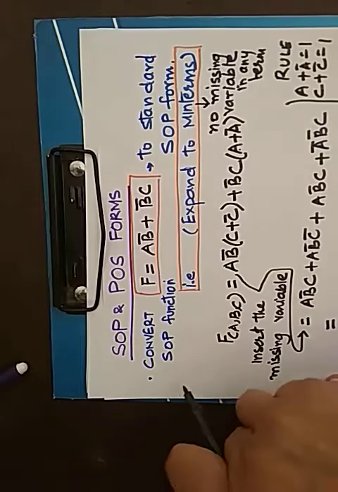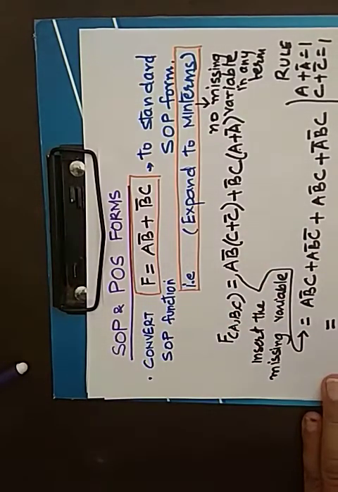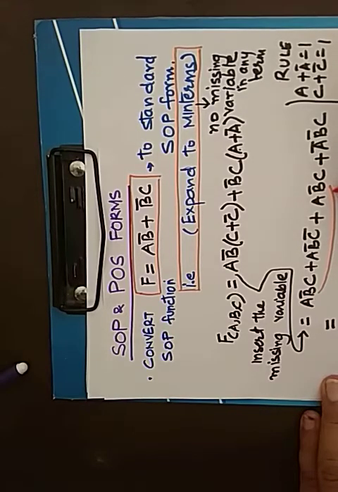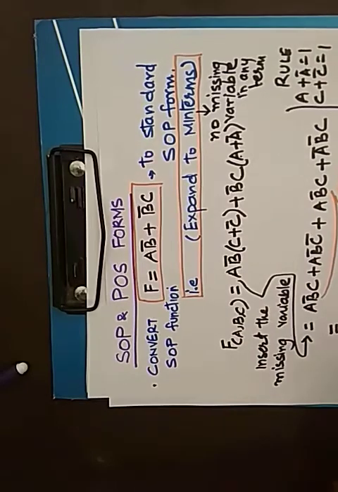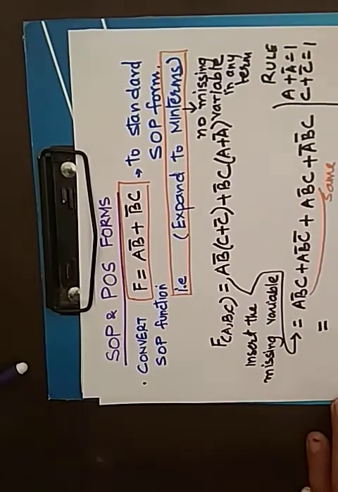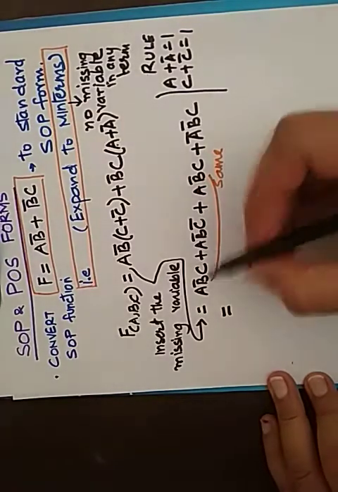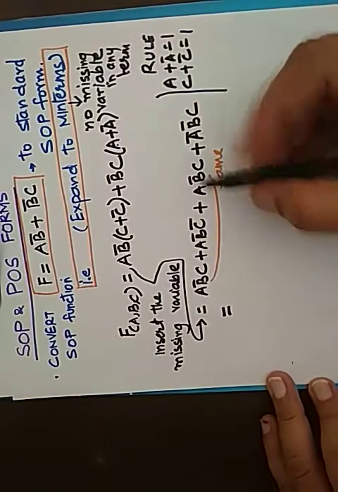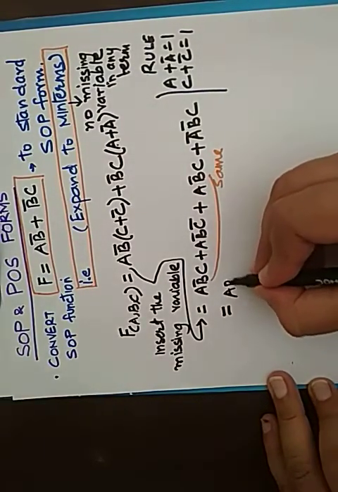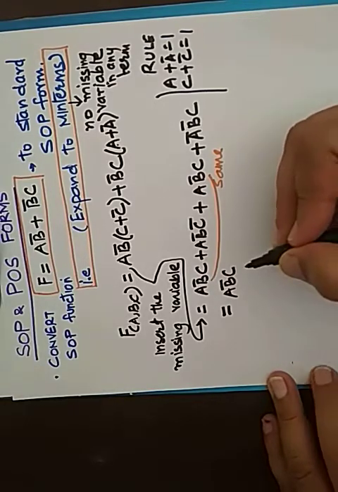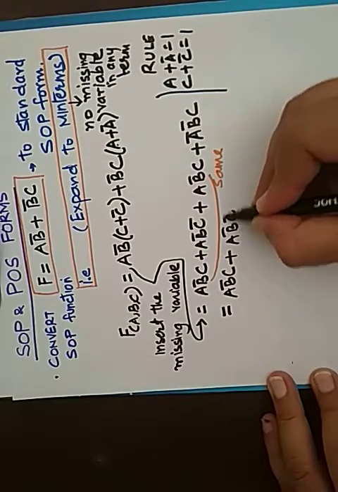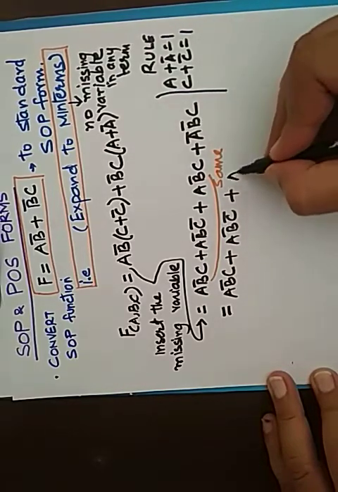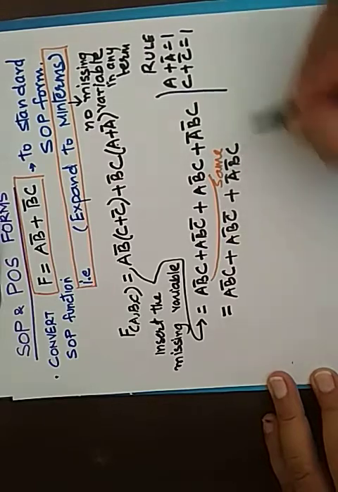In this case, we note that this term and this term are same, and same terms can be written only once. So we write it only once: a b bar c plus the next term a b bar c bar plus the last term a bar b bar c.